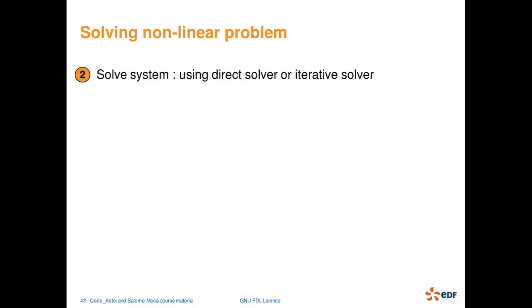And then for solving the system, in some methods we can use a direct solver, in some other methods we can use an iterative solver. Those are method specific, and you can find those in the appropriate documentation of Code-Aster or Salome-Meca. We'll discuss a little bit of that towards the end of this tutorial.